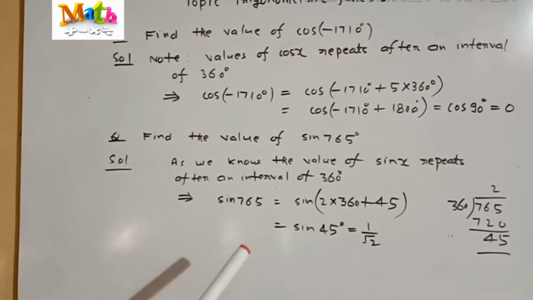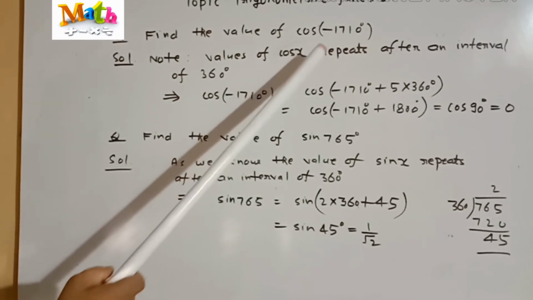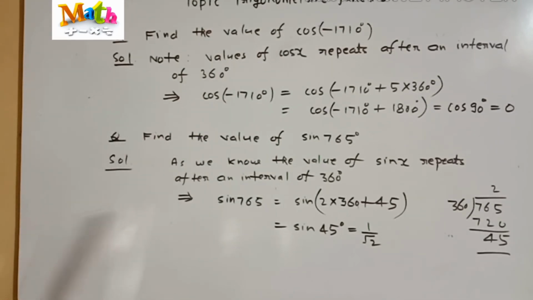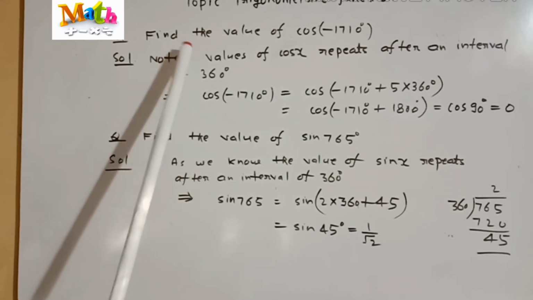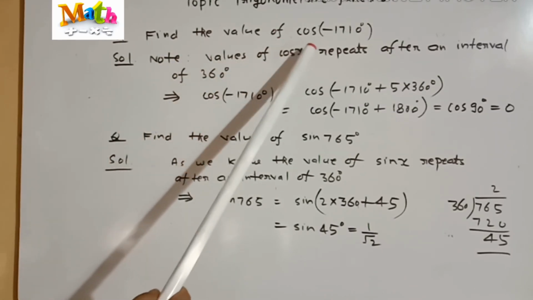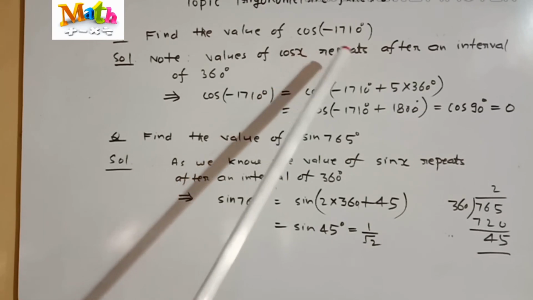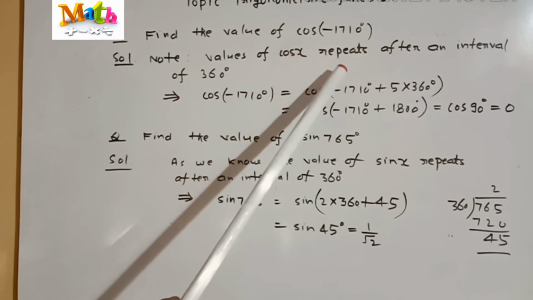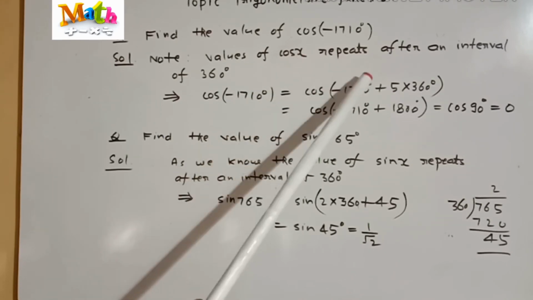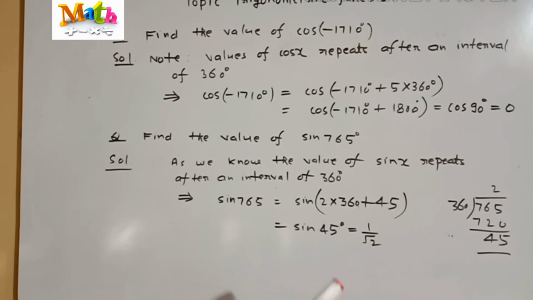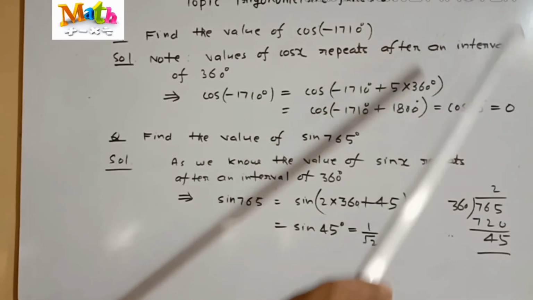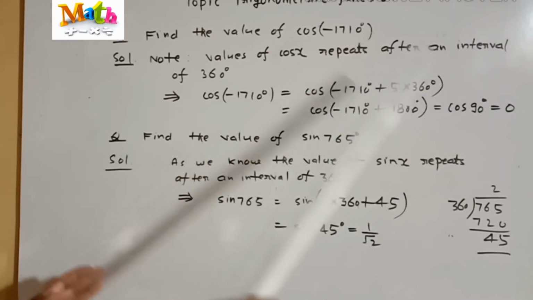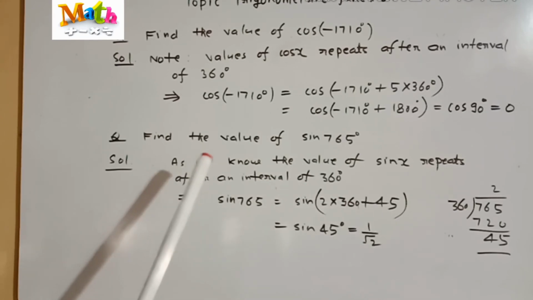Now let's know how to find values for bigger angles. In the question, find the value of cos of minus 1710 degree. As you know the concept, the values of trigonometric functions, here cos x, repeat after an interval of 360 degree, as 360 degree makes a complete angle, one circle.